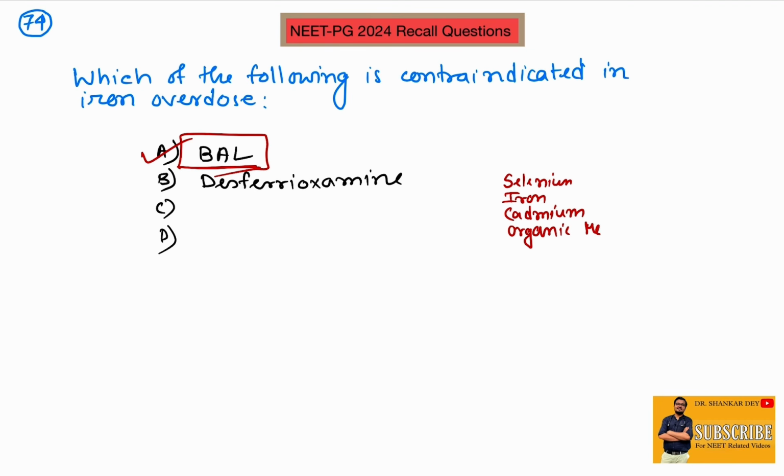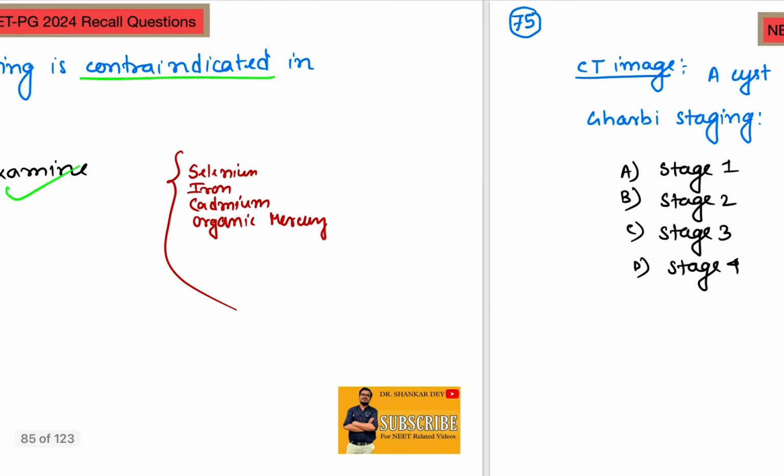So these are the metals in which chelation with BAL is contraindicated. So for iron overdose, BAL is contraindicated for treatment. Obviously desferrioxamine is the treatment for iron overdose.